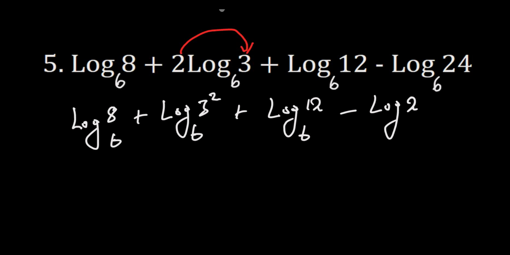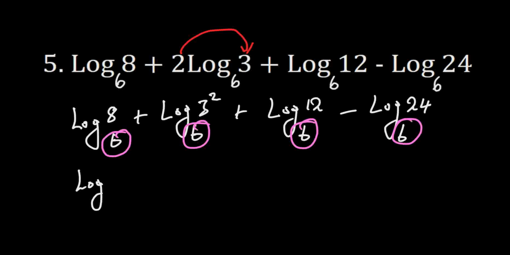So now you must recognize that the base is the same. The base is the same. Therefore, we can simply write this as a single logarithm expression. So this will become log 8. And because we have a positive sign here, then we are going to multiply by this.